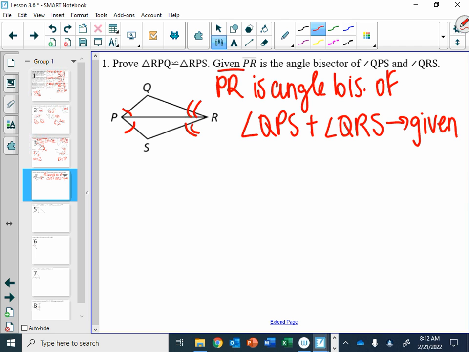Write your givens. Now let's put the pieces together. We talked about this, now we just need to put it into words. If I name this angle QPR, so this angle right here, what angle is angle QPR congruent to?